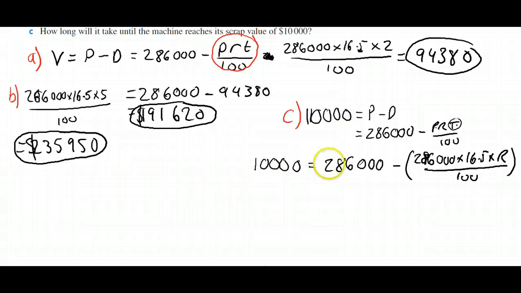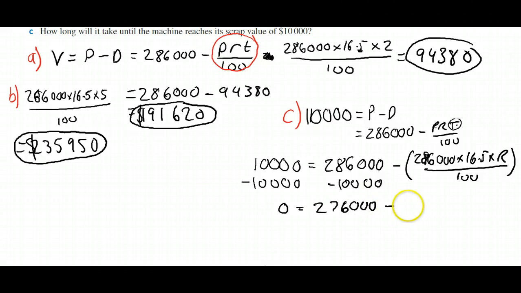Now we want to get rid of this 10,000 over here, so we'll minus 10,000 from both sides, and then we end up with 0 equals 276,000 minus all of that. Let's see what it becomes in a calculator.